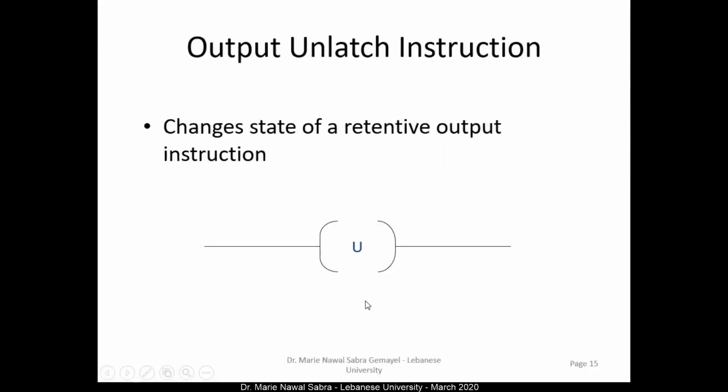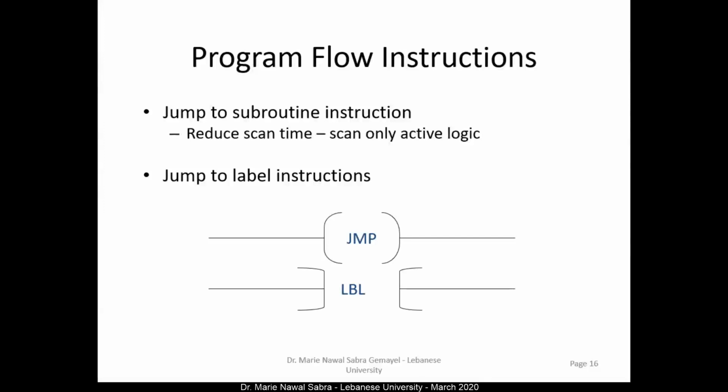So instead of having a coil which is energized when it receives current, I have the start-stop logic within the latch and unlatch outputs, and these are connected directly to the output. So there are two ways to control the output, either by coil or by latch and unlatch instructions.